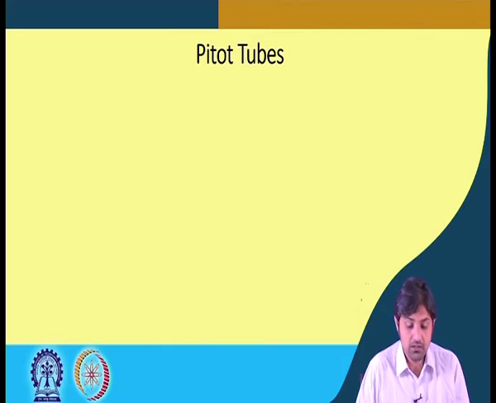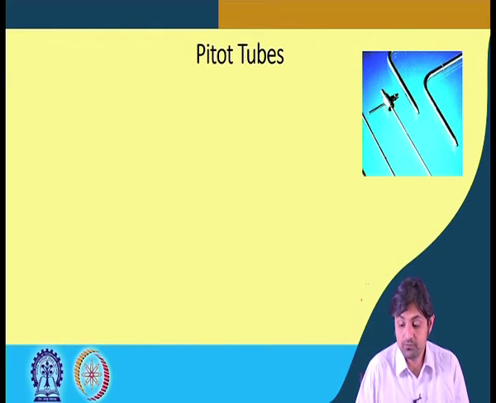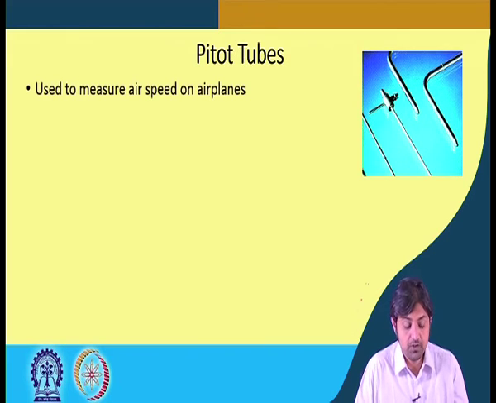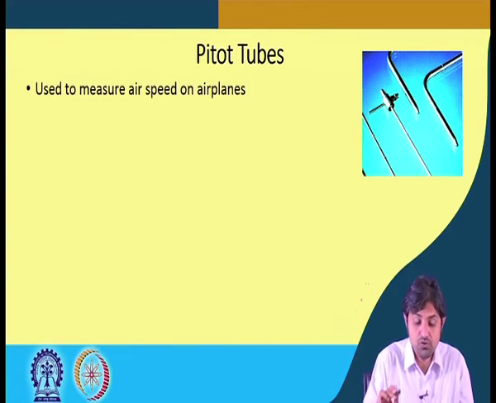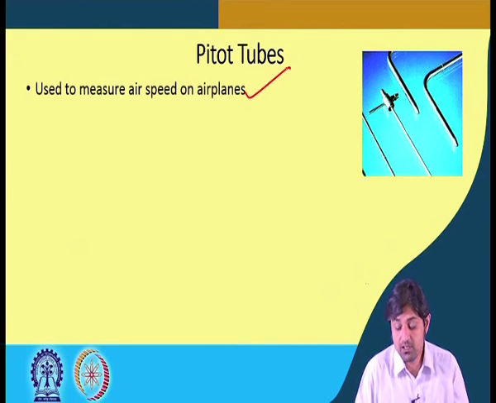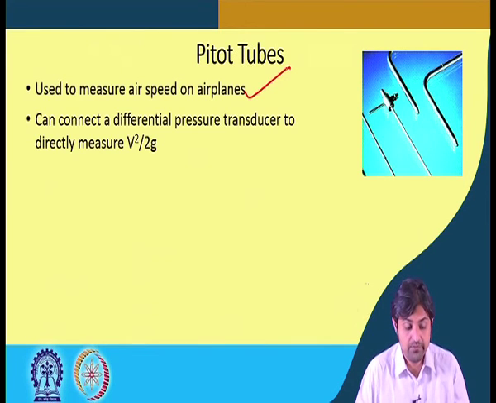Now, there is another thing, pitot tubes, which are used to measure flow velocities in an aeroplane as well. So, this is how a pitot tube looks. It is used to measure airspeed on aeroplanes. It's a very old technique, but still used very successfully for measuring airspeed.